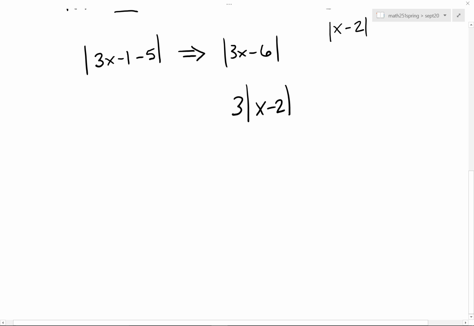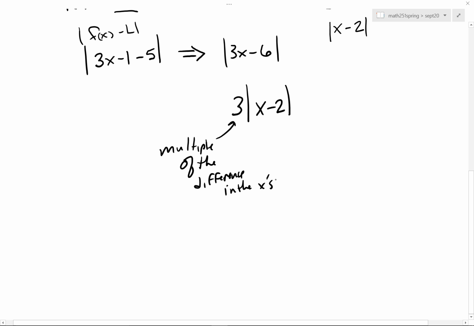And so because I can write this relationship, f of x minus L, as some multiple of the difference in the x's, that is x minus the x equals c that we're interested in, because I can write it that way, 5 is indeed the limit.